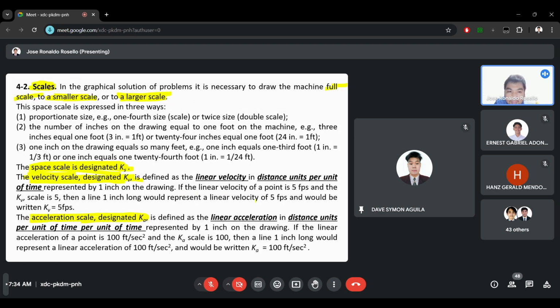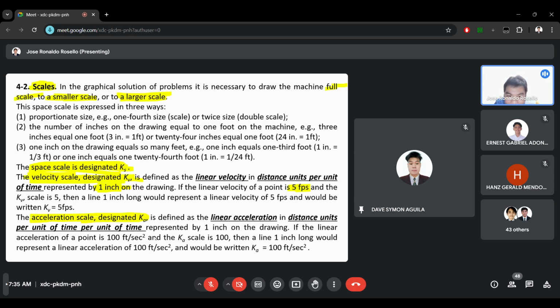For example, if 1 inch of a vector represents 5 feet per second, it means that for every 1 inch that we draw a vector, it will be 5 feet per second. So if a point's vector is 2 inches long, it has 10 feet per second.